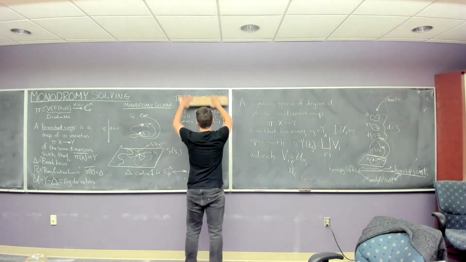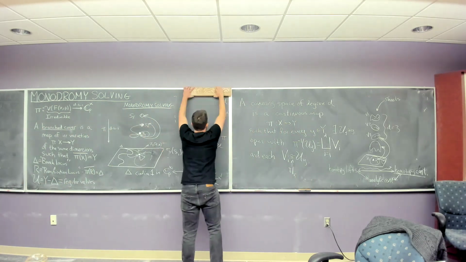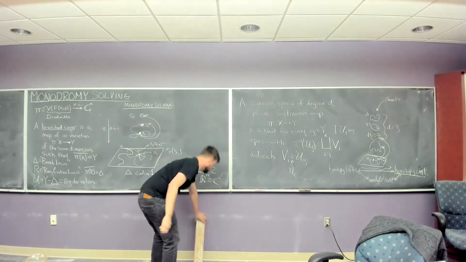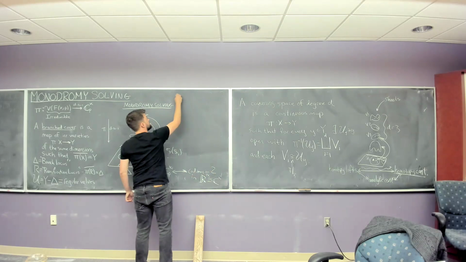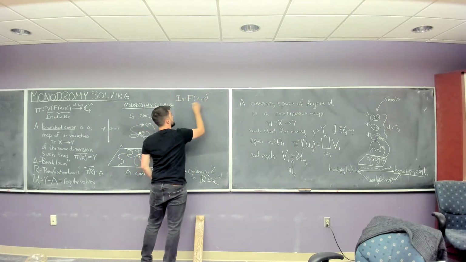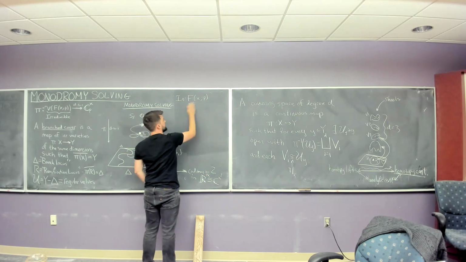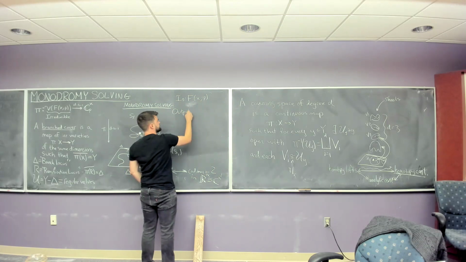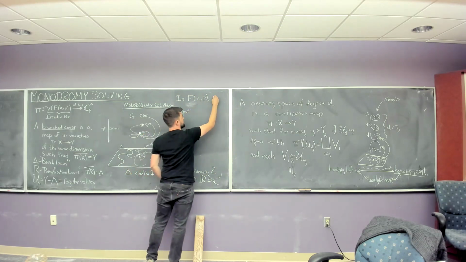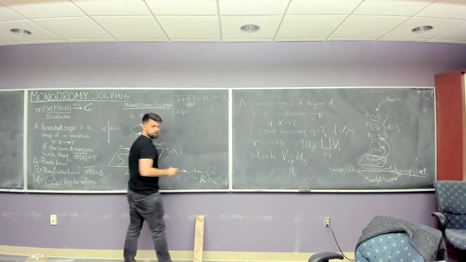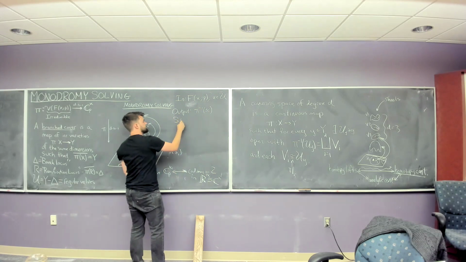Write down the algorithm explicitly here. Input: polynomial system. And you output steps.